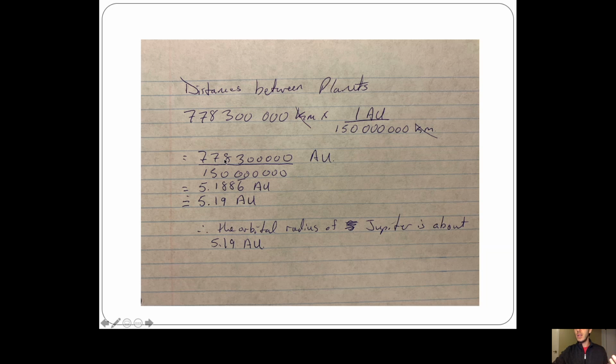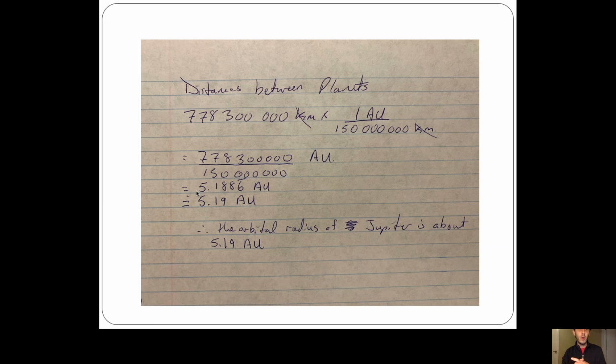So I do 778,300,000 divided by 150 million, okay? Because it's 1 over that value, okay? So really, if I remember my rules as far as multiplying fractions are concerned, that's how I end up with this step right here, okay? And when I do that division, I end up with 5.1866666 AU.